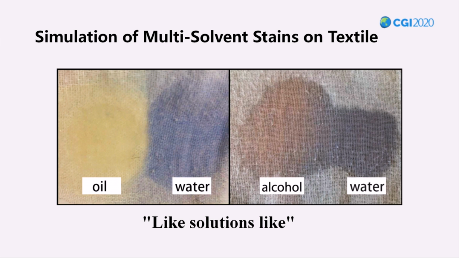First, look at our comparative experiment. In this group of experiments, we are divided into two groups, A and B. Among them, the A group uses the oil-water stain mixture, and the B group uses the alcohol-water stain mixture.